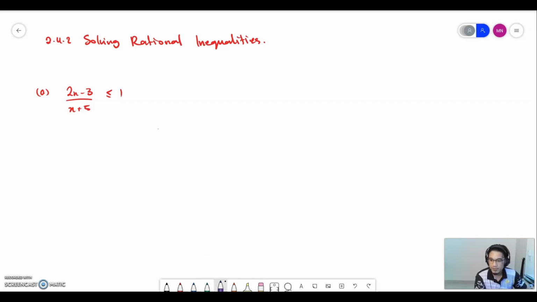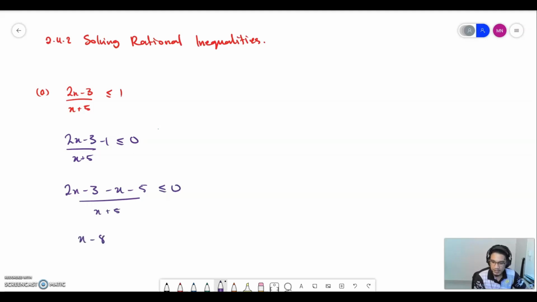What we can do is take (2x - 3)/(x + 1) - 1 less than or equal to 0. Then you make the denominator equal, so it will be (2x - 3 - x - 1)/(x + 1) less than or equal to 0. Then you will have (x - 4)/(x + 1) less than or equal to 0.